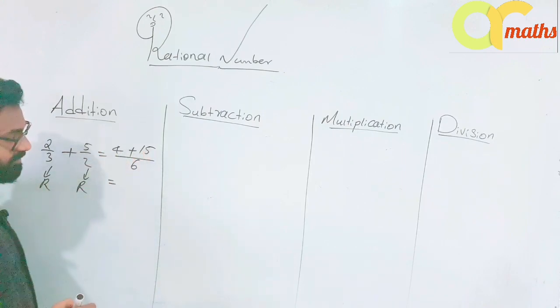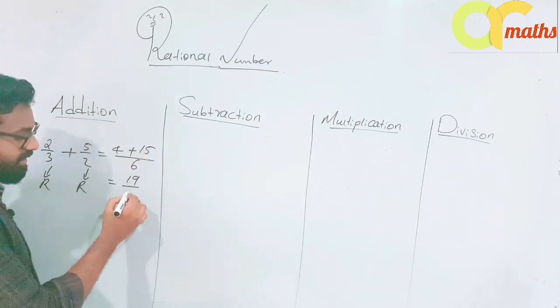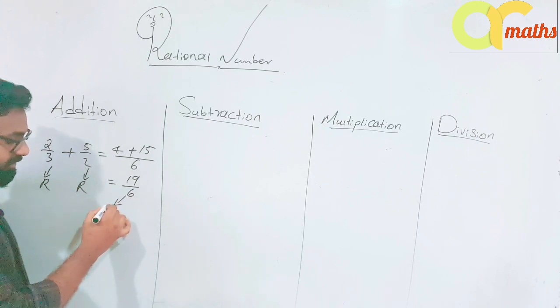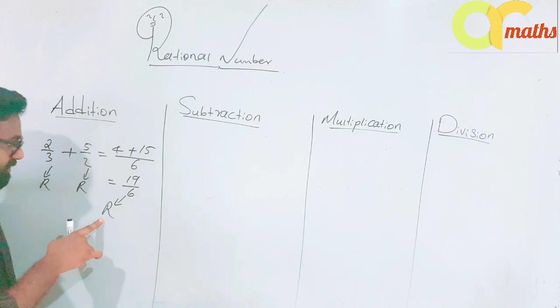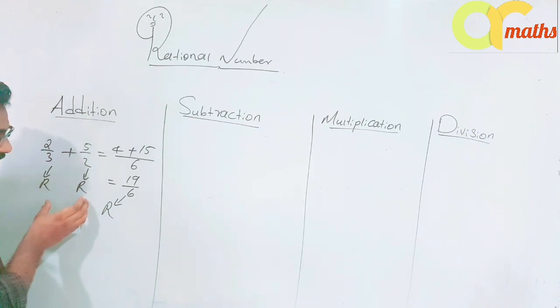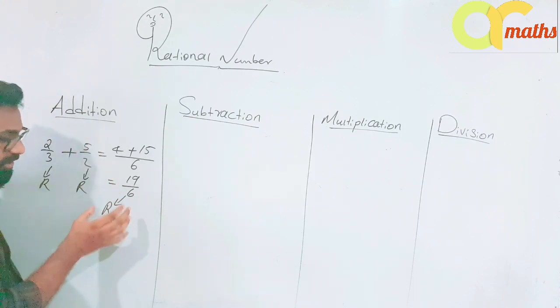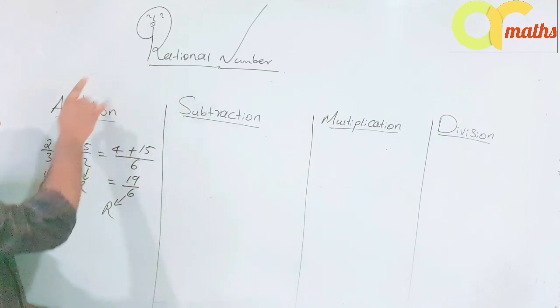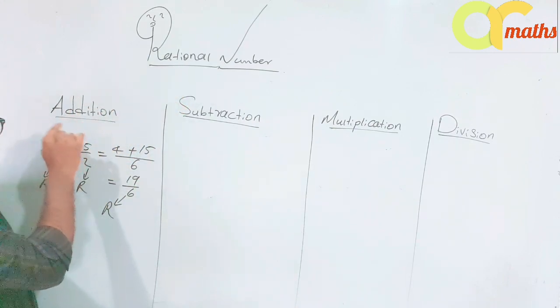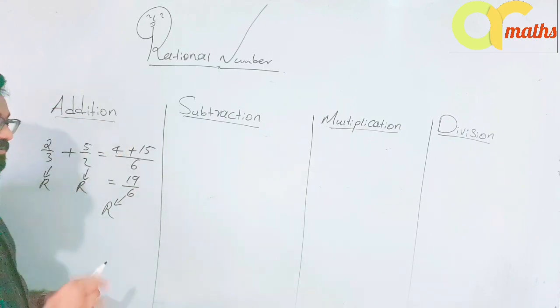So 4 plus 15 is 19 divided by 6. This 19 divided by 6 is also a rational number. So here the input is a rational number and its output is also a rational number. Therefore, rational numbers are closed under addition. Very simple.